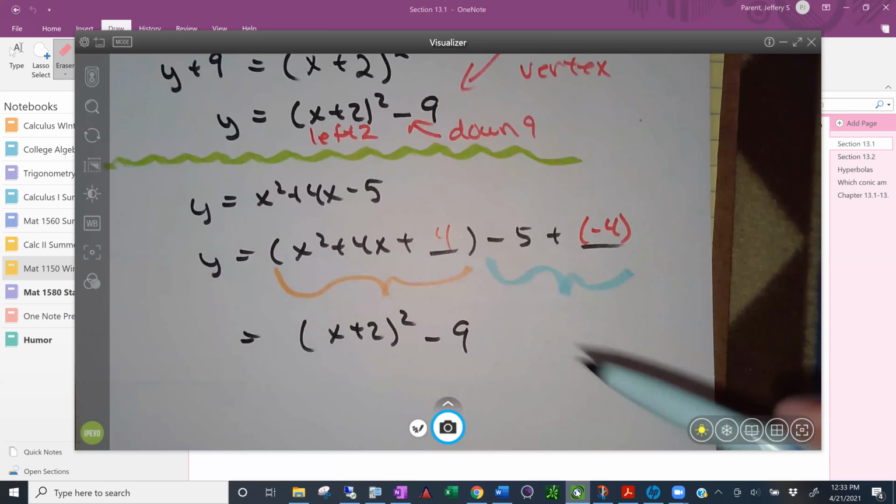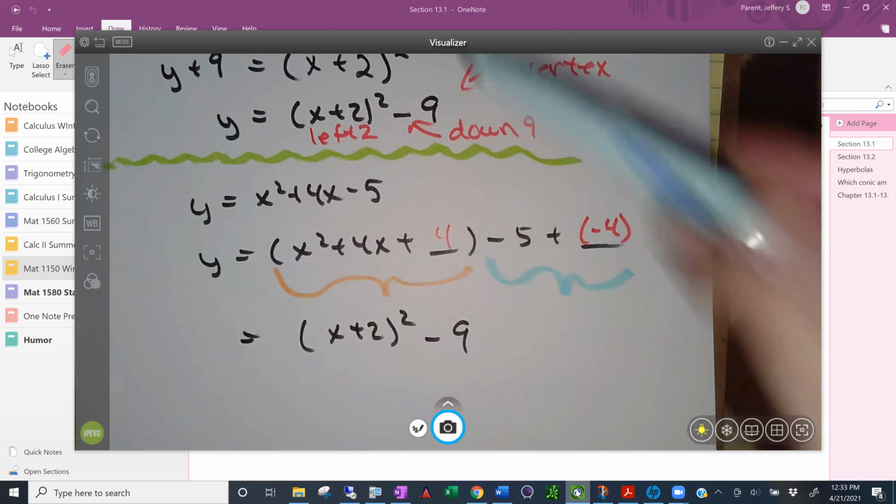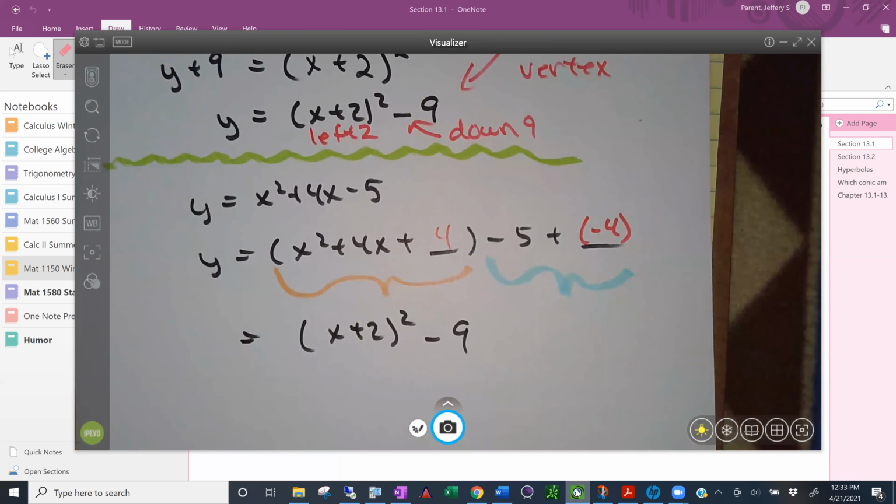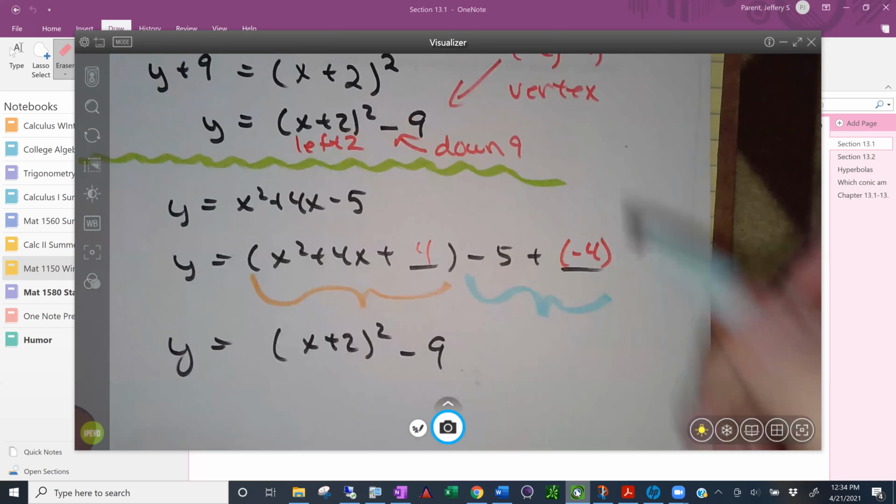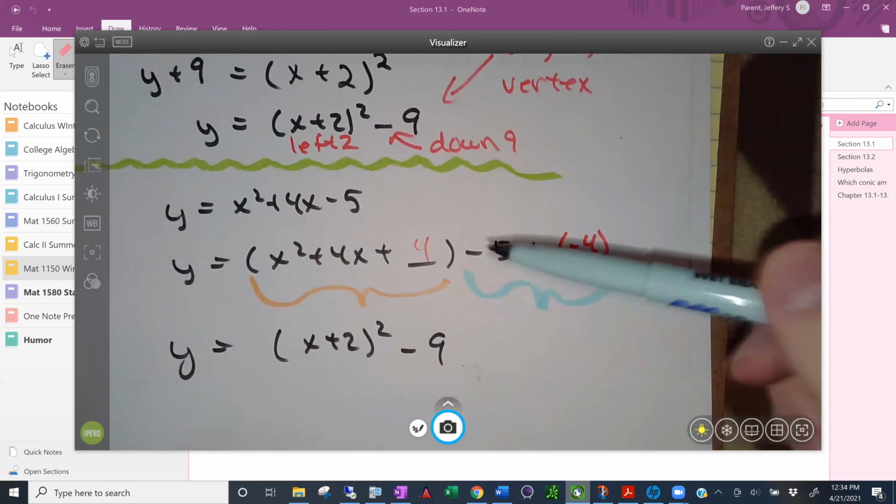And I didn't show the completing the square part here, but we did that up above. You got to be careful that you're subtracting this number here to balance it out there. It's a different approach. It works, but you're free to do whatever you want unless the problem is actually working you through it this way.